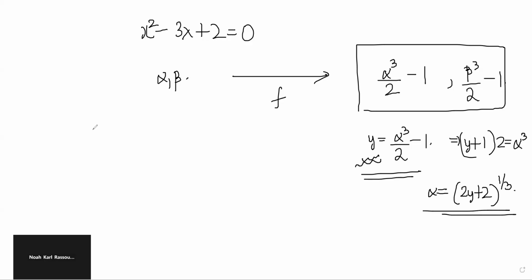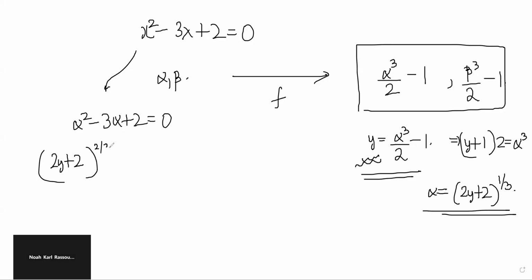And already I have an equation here, alpha square minus 3 alpha plus 2 is 0, right? In that I will put this, so (2y plus 2) to the power 2 by 3 minus 3 (2y plus 2) to the power 1 by 3 plus 2 is equal to 0, right?